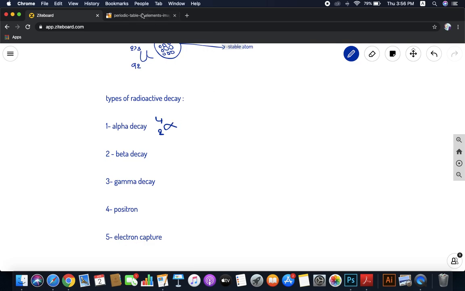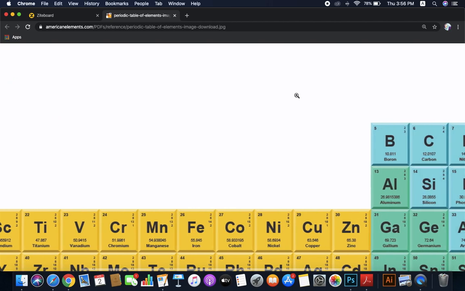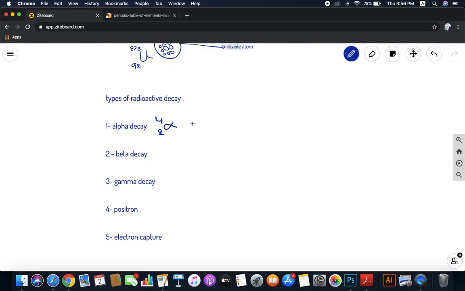Now, if you check the periodic table, you will find that helium has 2 and has 4 atomic mass. So alpha could be also helium 4, 2. So you can use alpha or helium. Both of them work. So alpha and helium are the same type of decay.